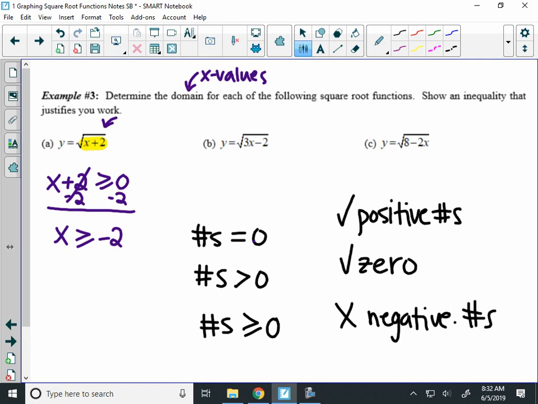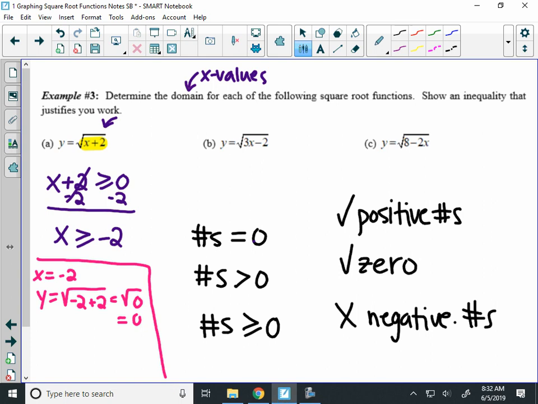I'm allowed to take any x value equal to negative 2 or bigger than negative 2 and put it into the equation. So let me show you what that means. If I take a number equal to negative 2 and put it under the radical, I would have y equals the square root of negative 2 plus 2, which is radical 0, which equals 0.